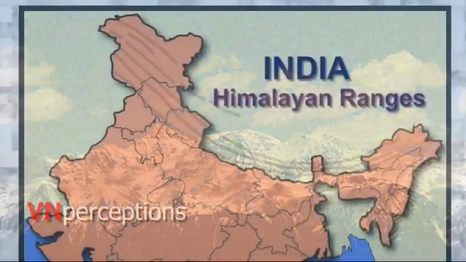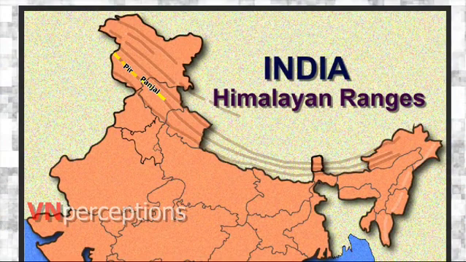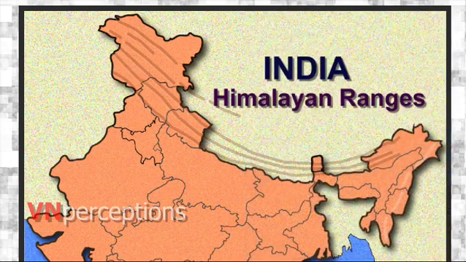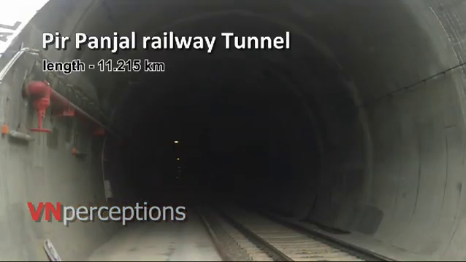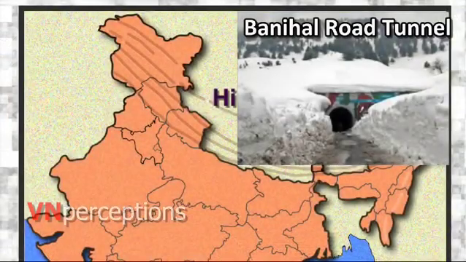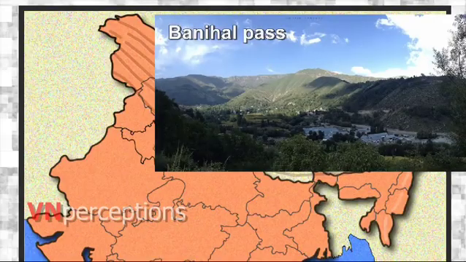Dev Tibba and Indrasan are the two tallest peaks of the Pir Panjal mountain range. It also has India's longest rail tunnel, known as the Pir Panjal Railway Tunnel. Then there is the Banihal Road Tunnel, the famous Rotang Pass and Banihal Pass.